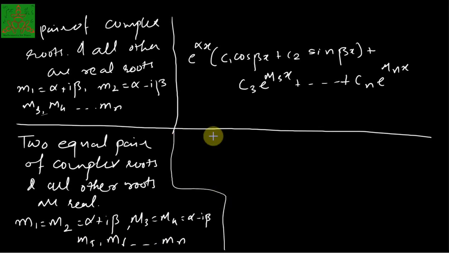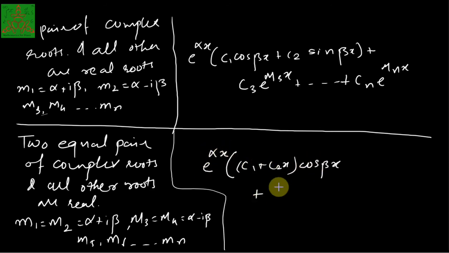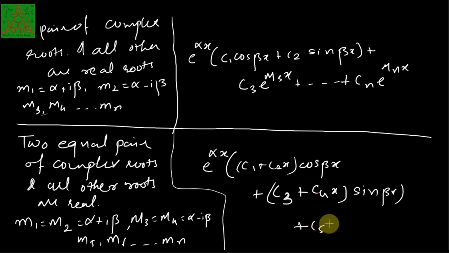Then the solution can be written in the form of e power alpha x times (C1 plus C2x) cos beta x plus (C3 plus C4x) sin beta x, plus C5 e power m5x, and so on up to Cn e power mnx.